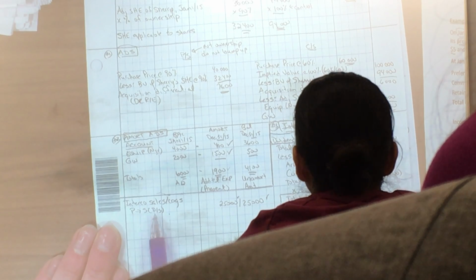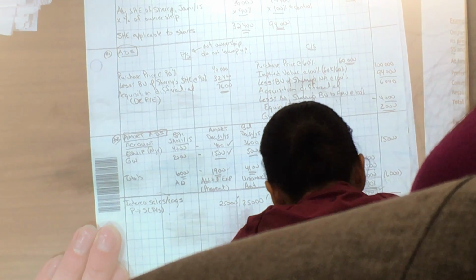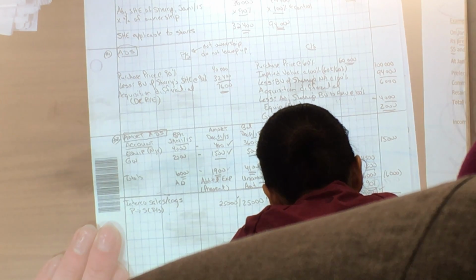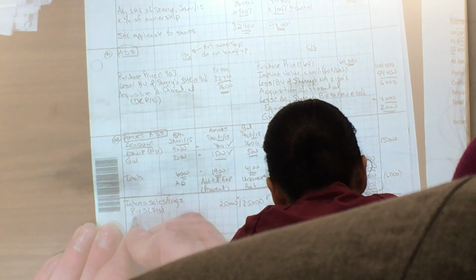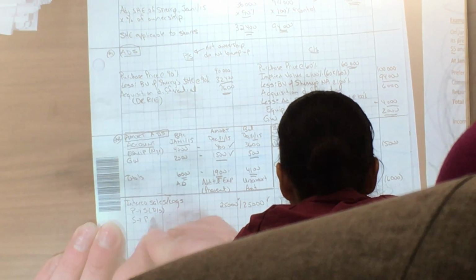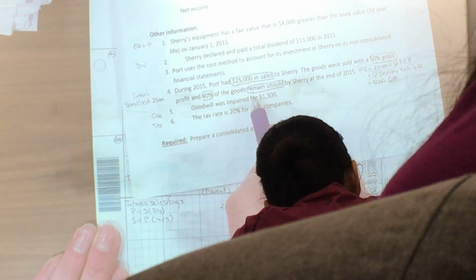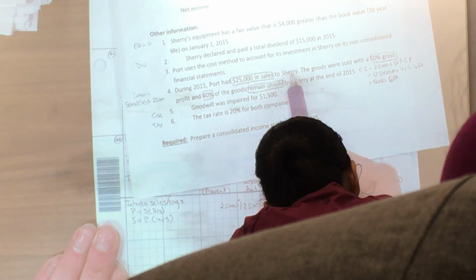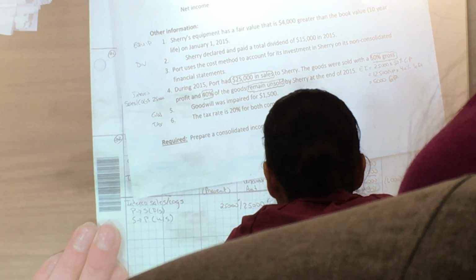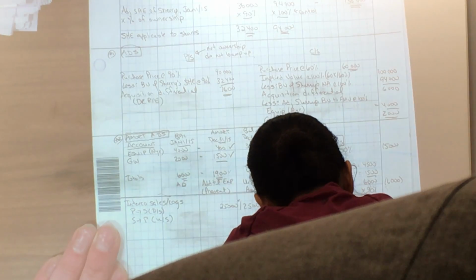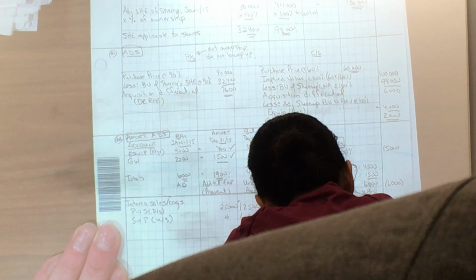Parent to sub, that's downstream, 25,000 goes to, that will need to be eliminated. We also need to look at sub to parent, which is an upstream. And in the question here, it doesn't say anything between Sherri to Port. Sherri to Port. So that would be 0.